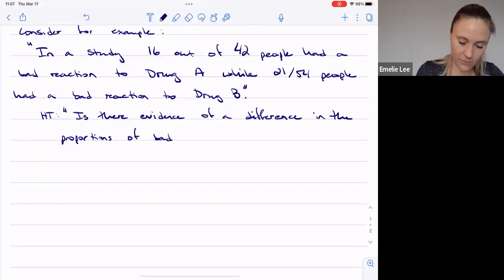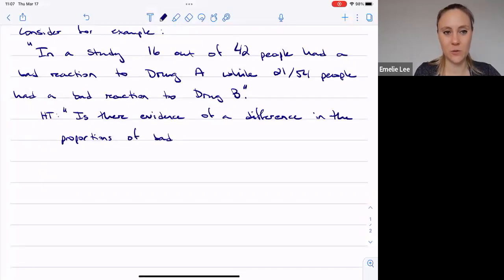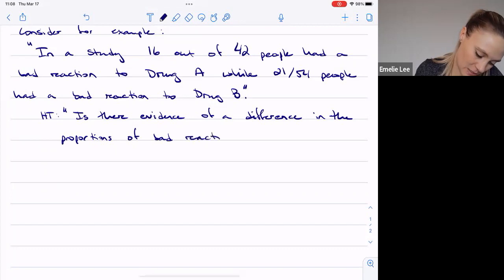I'm trying to have reasonable language skills here, but it's hard. So is there evidence of a difference in the proportions of bad reactions from drug A versus drug B?